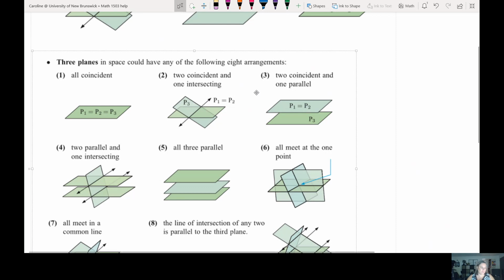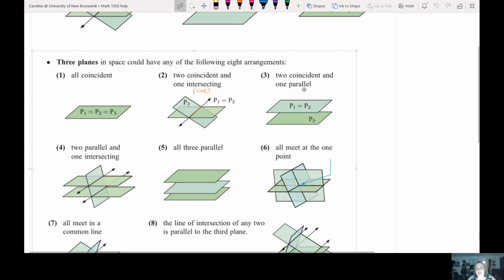And so the intersection of that would be a line. So that would be your intersection.